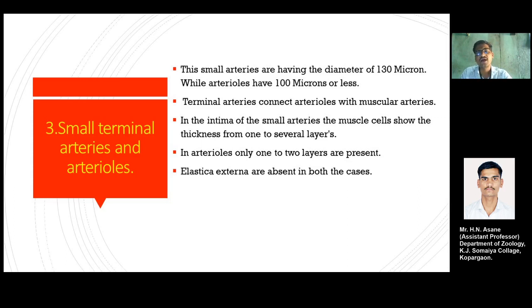So very fine or minute structures like 130 micron, 100 micron or less are found in the small or terminal arteries and the arterioles. The terminal arteries connect the arterioles with the muscular arteries, which are the second type of the arteries.